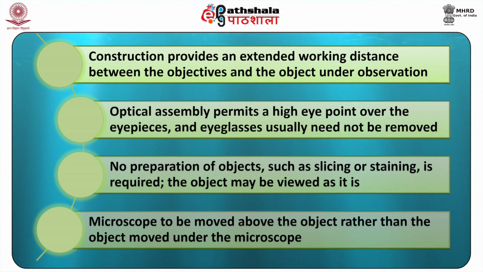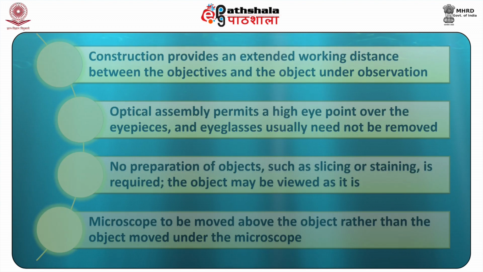Eighth, its design allows the microscope to be moved above the object rather than the object moved under the microscope, and this feature significantly facilitates the examination of the entire features of a document, also eliminating the danger of folding or rolling the document to accommodate it on the stage.